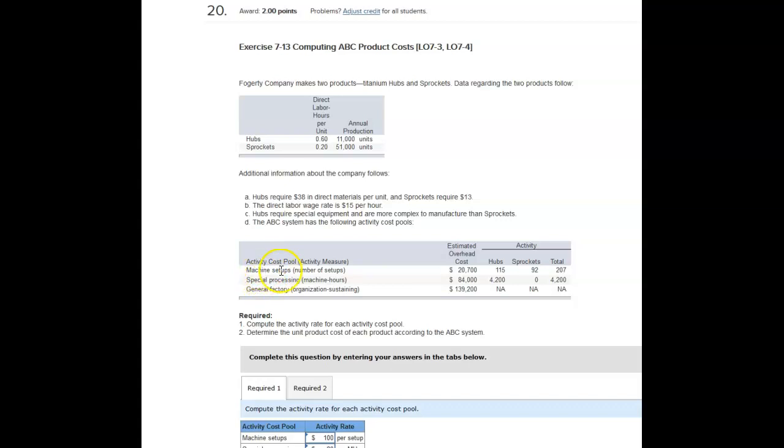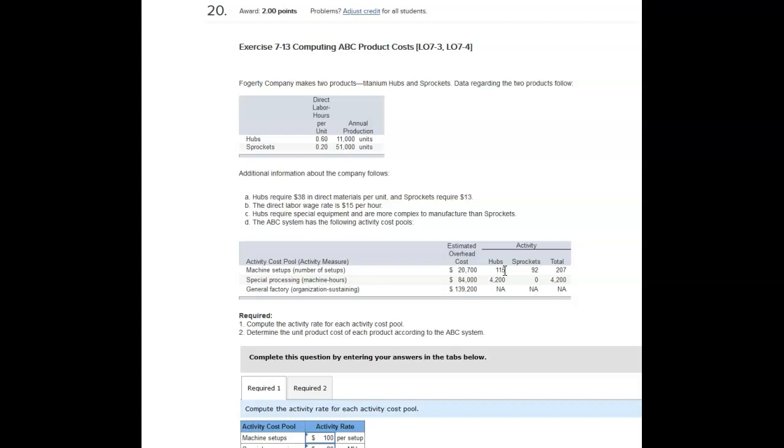Now, the pools, they call these activity cost pools. The first one will be machine setups. We spend $20,700 per year on machine setup cost. We will set up the machines for hubs 115 times a year. We don't produce all the hubs all at once. We produce some, then maybe produce sprockets or something else, and then come back to hubs.